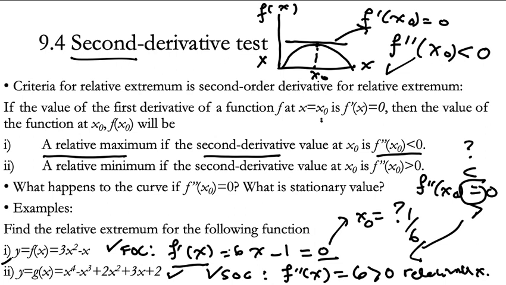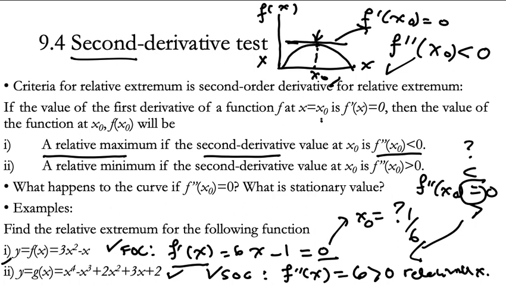The equation f prime x equals 0 is the first order condition. And we already know from the previous lesson that when f prime x equals 0 at x naught, it has a stationary value. So x naught is here, it is stationary, it doesn't change, the slope is flat.